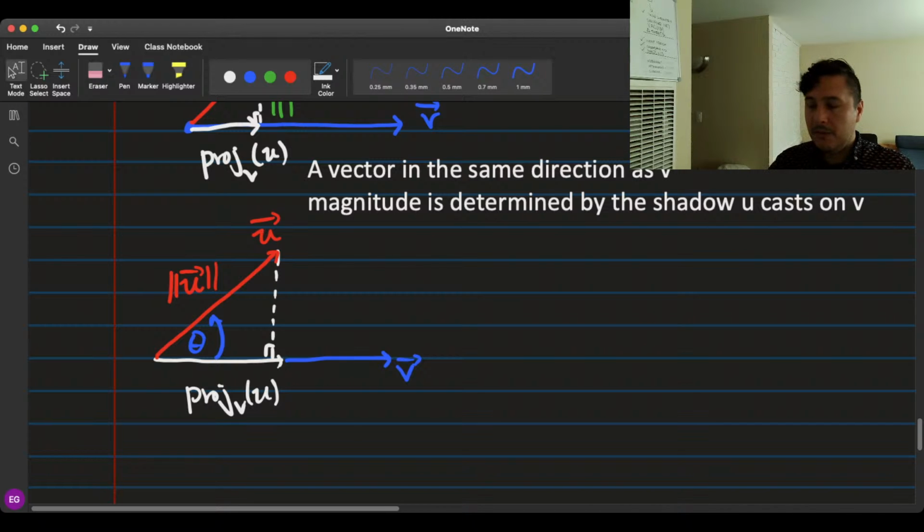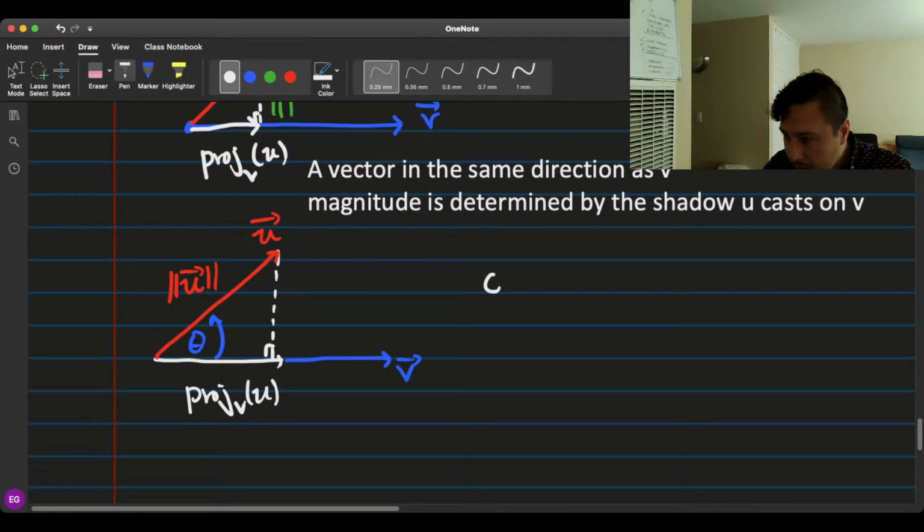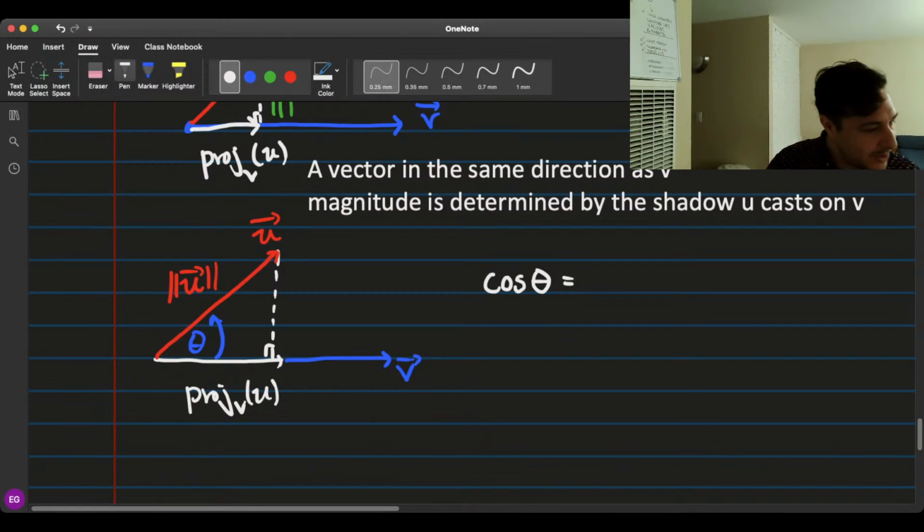Okay. What is the cosine of theta equal to? That's a better question. Is the bottom size of u? Yes.